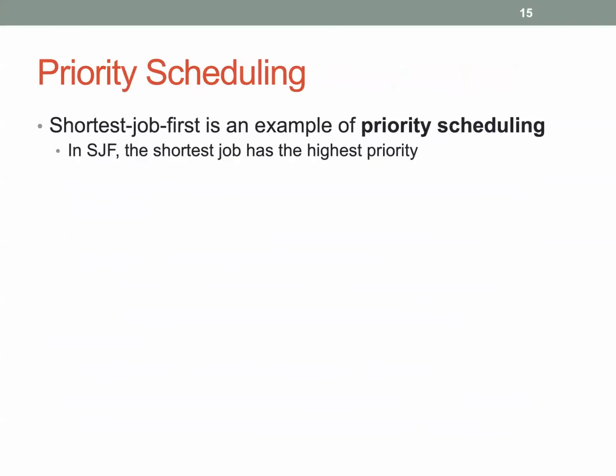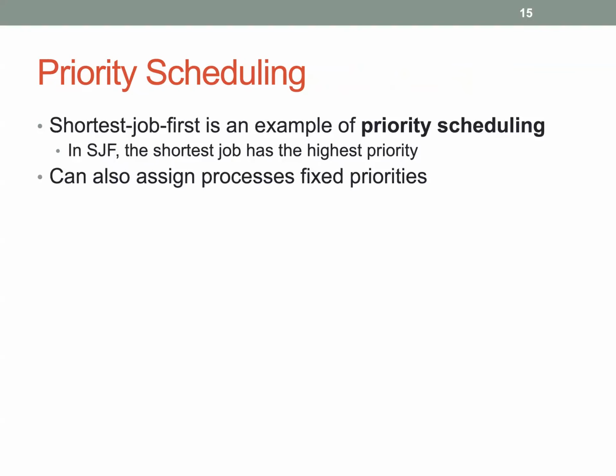Okay, shortest job first is an example of priority scheduling. This is where the priority of a process is linked to the amount of CPU time we expect the process to take. So the lower the CPU burst length that we expect, the higher the priority.